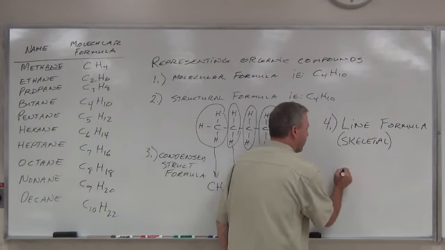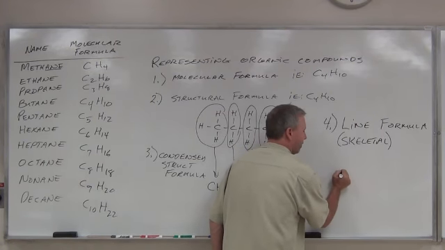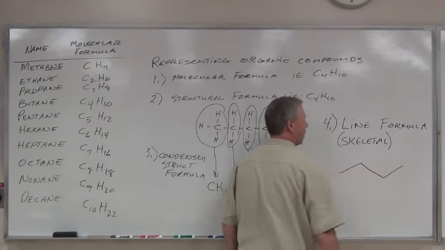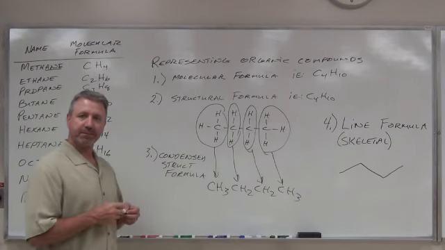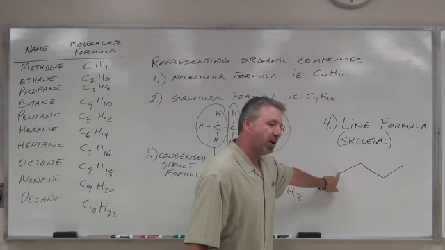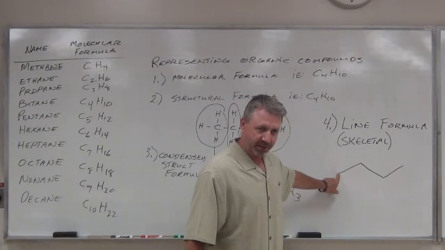So the line formula for butane would be carbon 1, 2, 3, 4. That would be butane. I know that it's unusual. Using this method, carbons and hydrogens are never written.